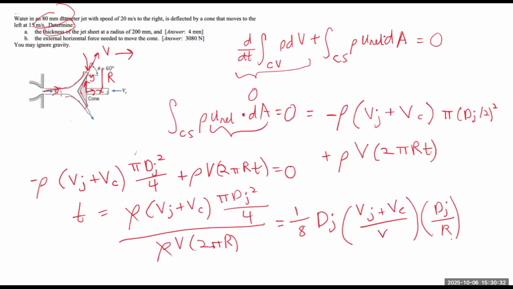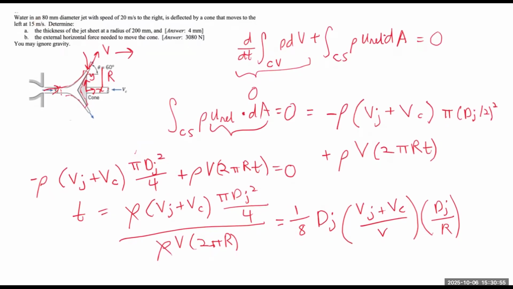And to find V, which is the velocity at the exit, we can apply Bernoulli's equation along a streamline, because it flows in a streamline. Basically, that is why we can apply Bernoulli's equation.